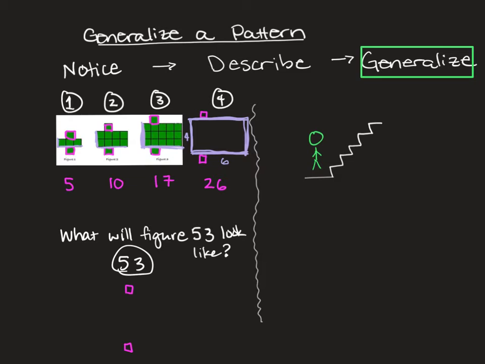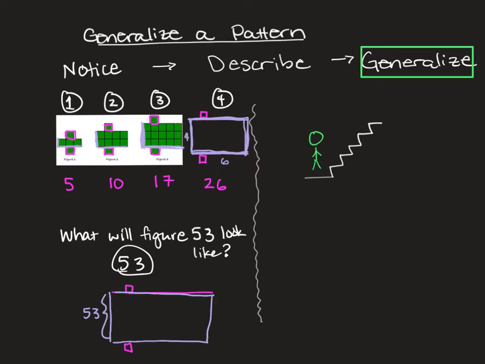I also might notice here that figure 1, this matches, that's 1. Figure 2, 1, 2. Figure 3, 1, 2, 3. Hey, okay, could I just then say, sorry, I should probably use my purple here, that this is going to have to match and be 53 long? I mean, that seems to match with all of them.